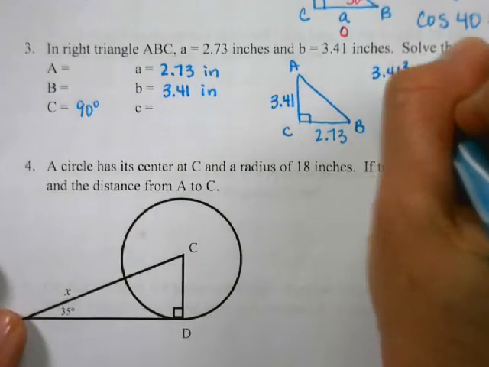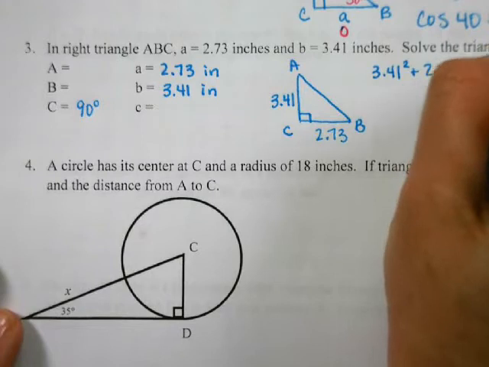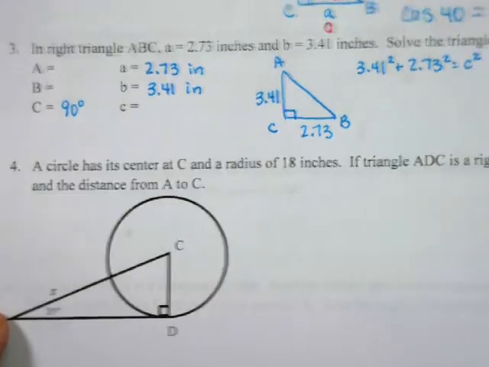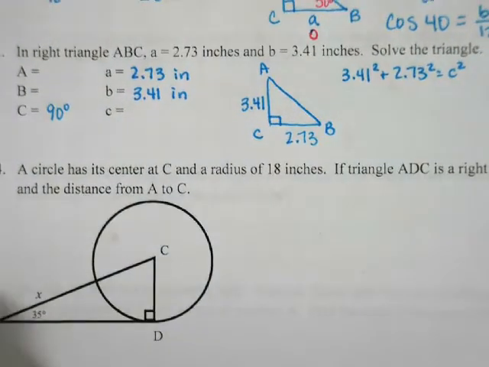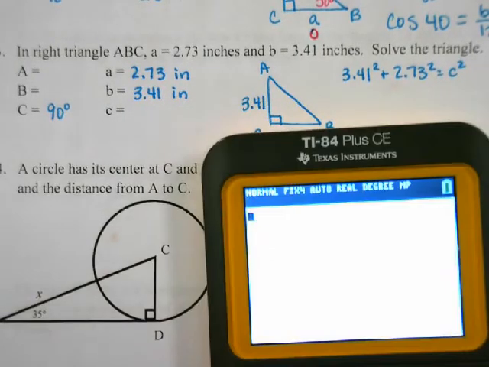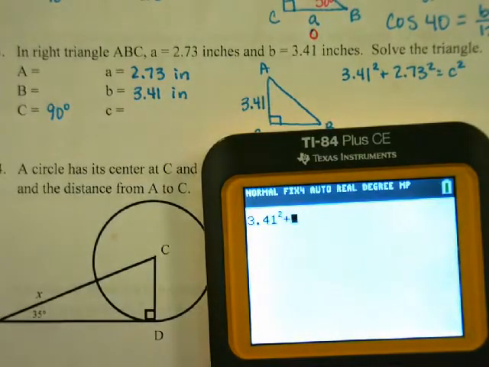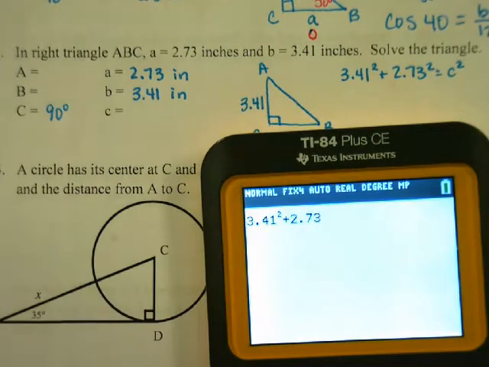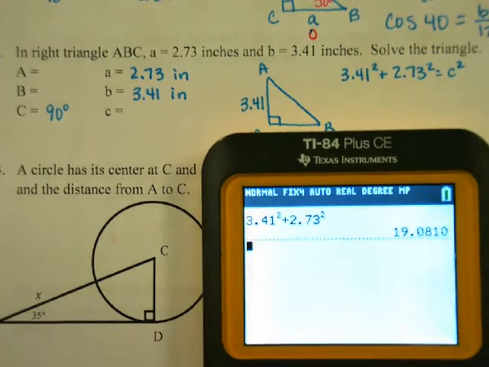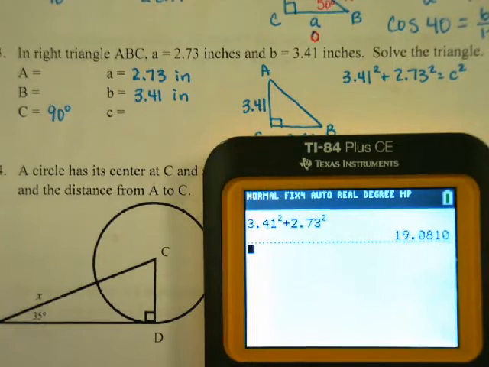3.41 squared plus 2.73 squared is c squared. That's 19.0810, so now I have to take the square root of that.